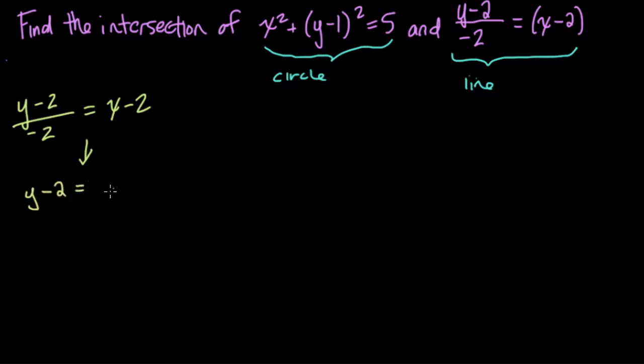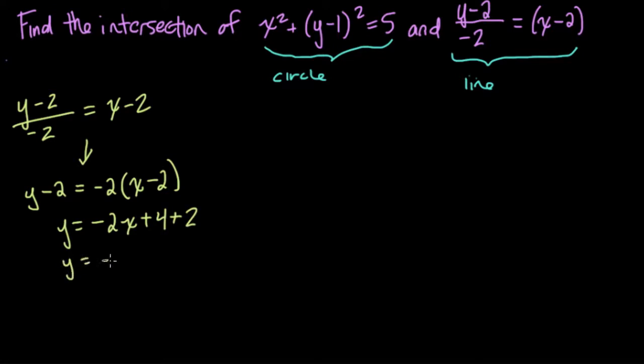On the right side, we have negative 2 times (x minus 2). If I distribute the negative 2, I get negative 2x plus 4. Then I add 2 to both sides, so I get y equals negative 2x plus 4 plus 2, and then y equals negative 2x plus 6.